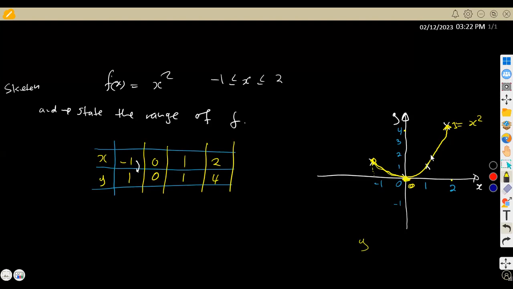The function goes up to this point, which is the maximum value where y is equal to 4. So you can say that y is greater than or equal to 0, but y cannot exceed 4, so it's less than or equal to 4. That's what you're representing here, referring to the values of y, or the real numbers that we can talk about.